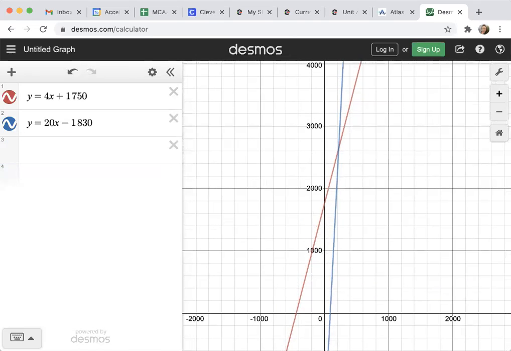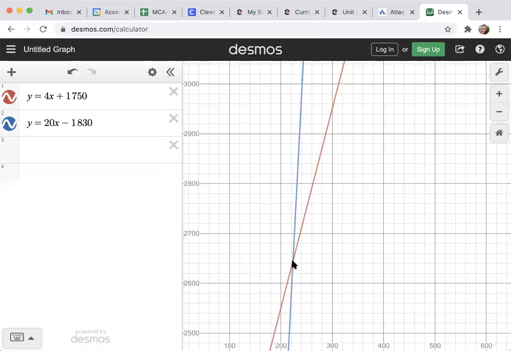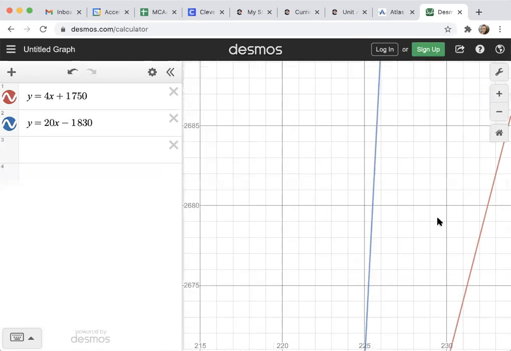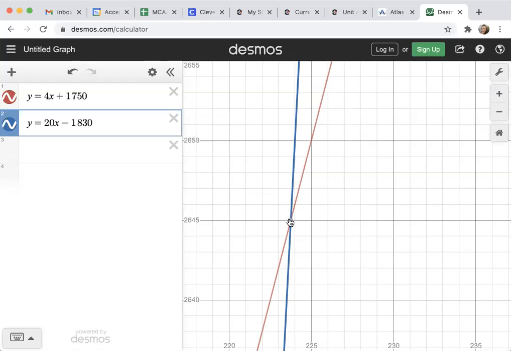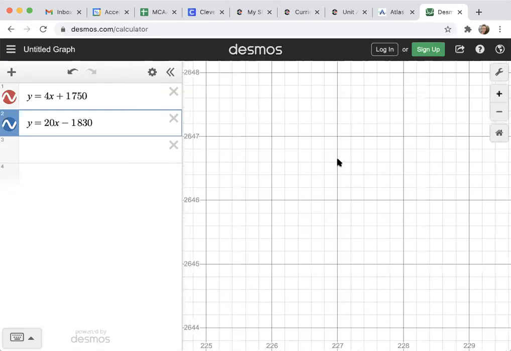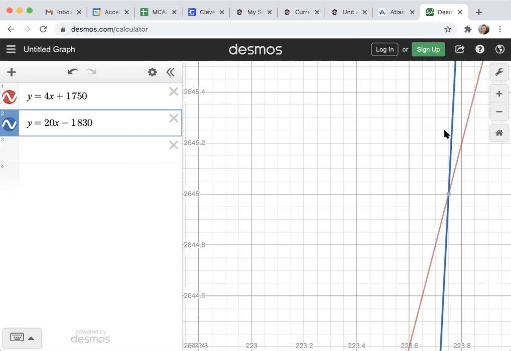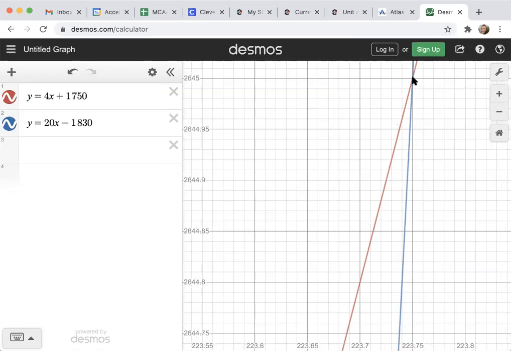and I can look to see where they cross, right here. Oh, I'm going to zoom in a little further to be as exact as I can. And this will be like the solution for both of them. So it looks like they cross right here.